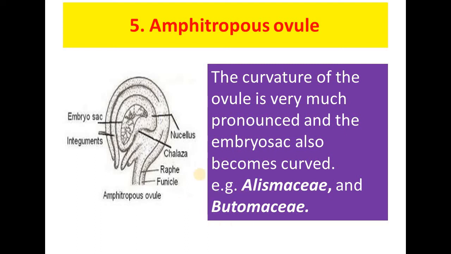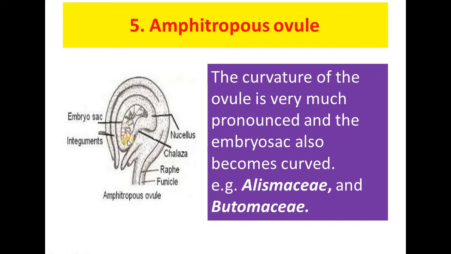In this amphitropous type of ovule, you will be able to see the curvature of the ovule is very much pronounced, and the embryo sac also becomes curved. Remember, here in this case the curvature is very pronounced, and the embryo sac is also curved.